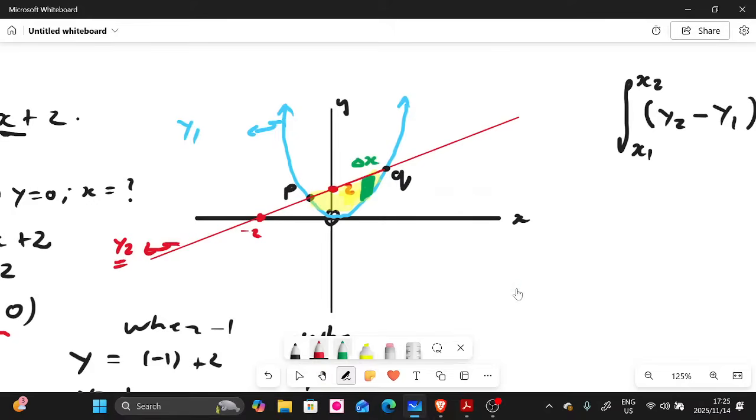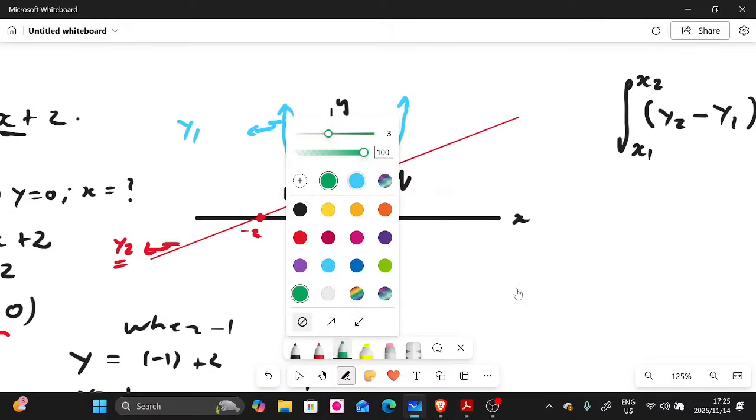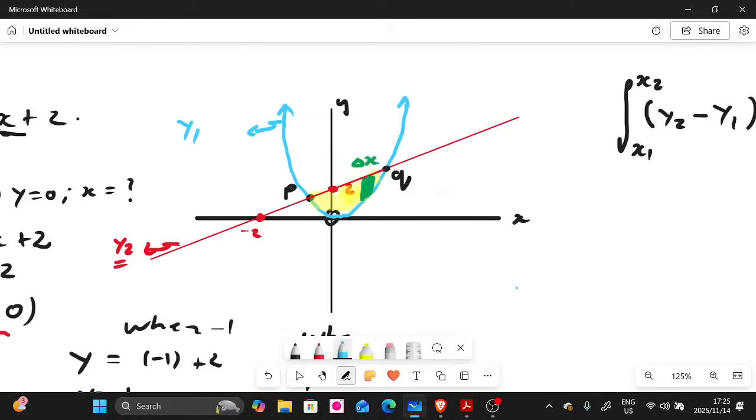And then the one that is below the graph on top, which is y1, this one here, the blue one. If you look at the area, this one is underneath the red line there. This means that this one is y1, so it's going to be negative.